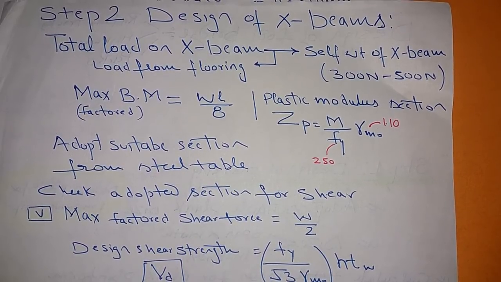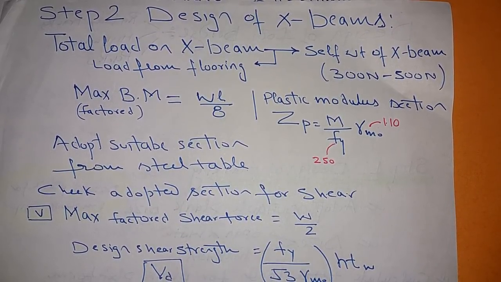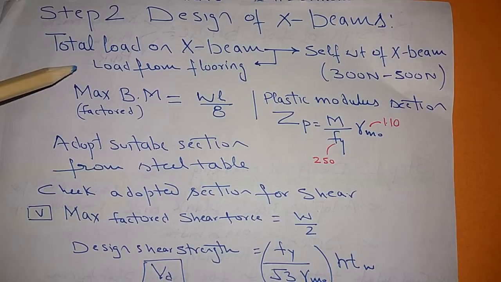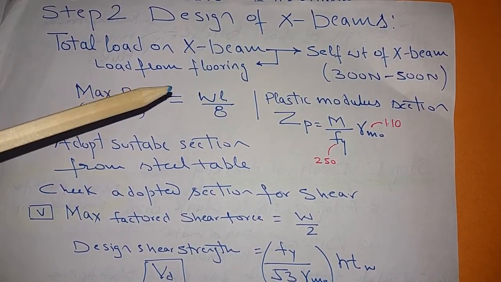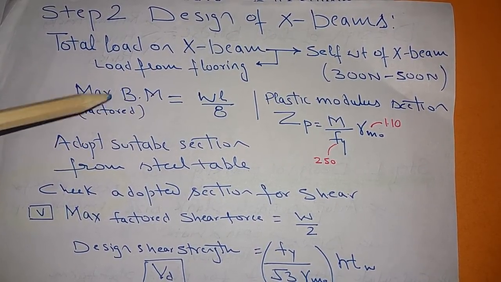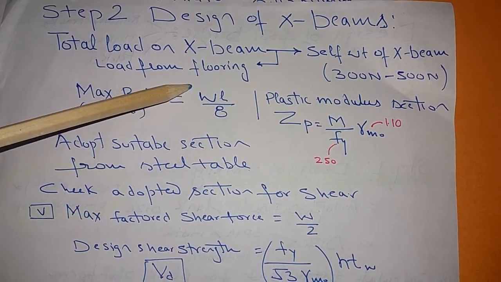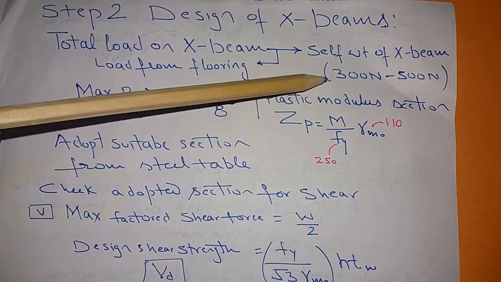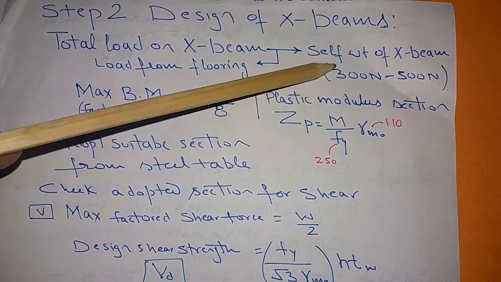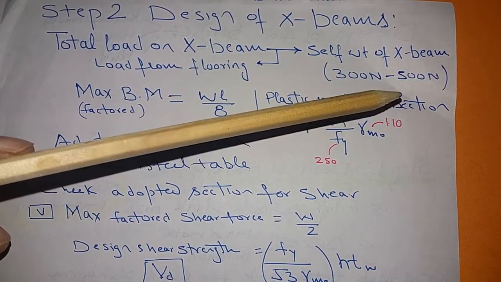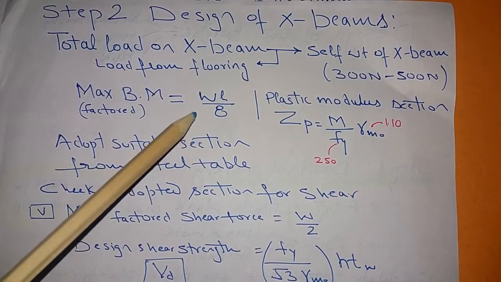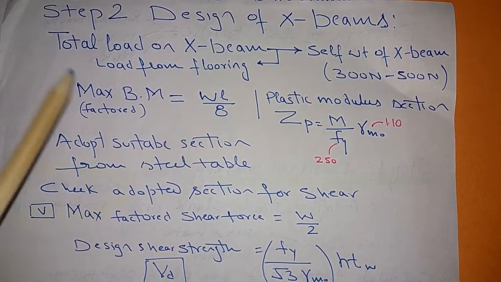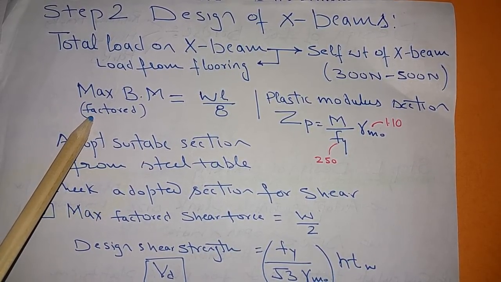Design of cross girder. First of all, you have to calculate the total load which is coming on the cross beam or cross girders. First, the load is coming from flooring, and the second load which we have to add is the self weight of the cross beam. Approximately you can take 300 Newton to 500 Newton. Then according to load, it will be WL by 8 maximum bending moment.